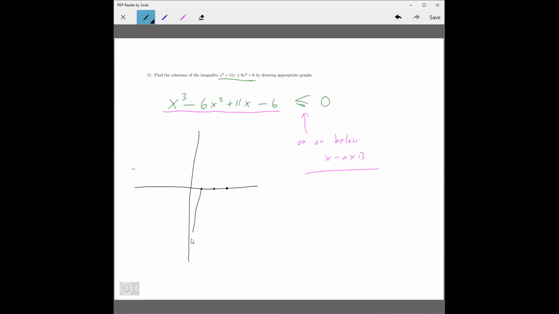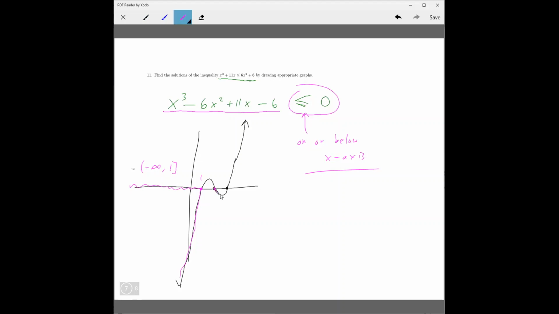So it was like this. It came up like that, dipped down, and then went up, and continued going up, right? So that's roughly what it did. Okay, so now we're looking at on or below. So that would be all of this, including that point, and then below, right? And that's 1. Okay, so all of this is going to be negative infinity to 1, including the 1.